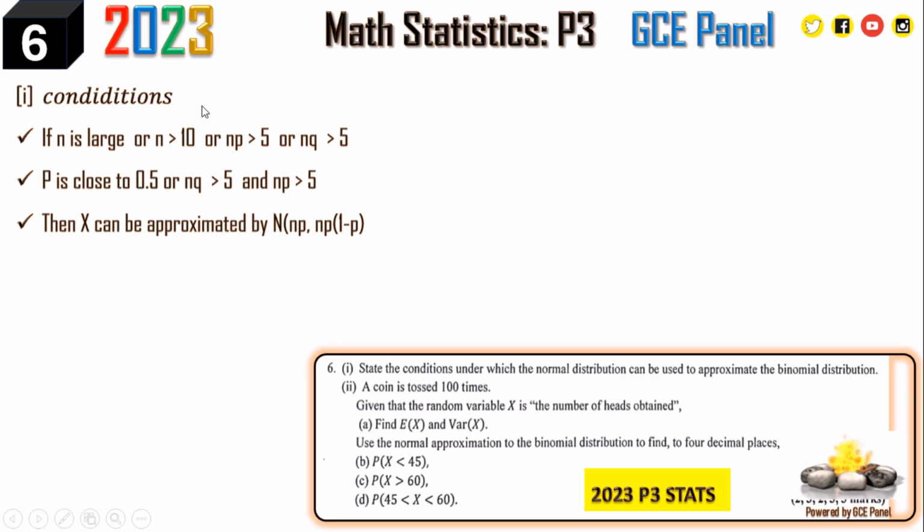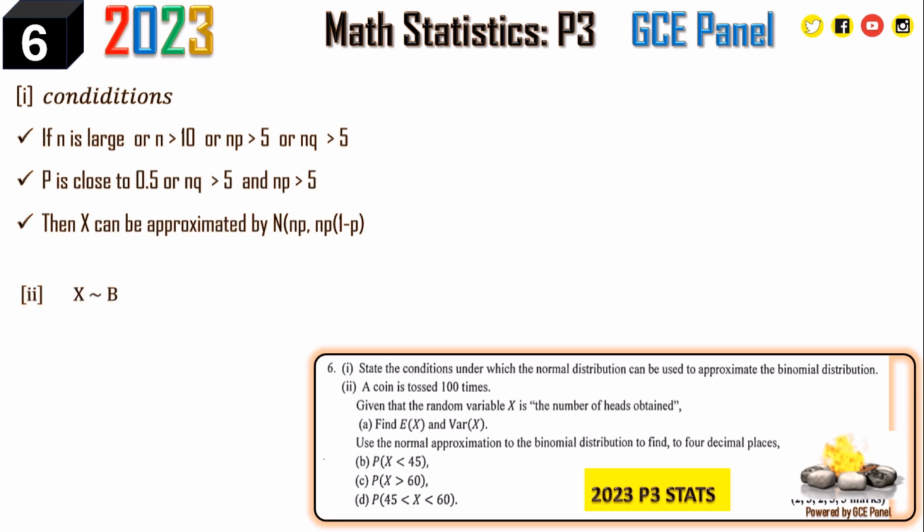If any of these conditions hold, then x can be approximated using the normal distribution. That's for question 1, sub 1.